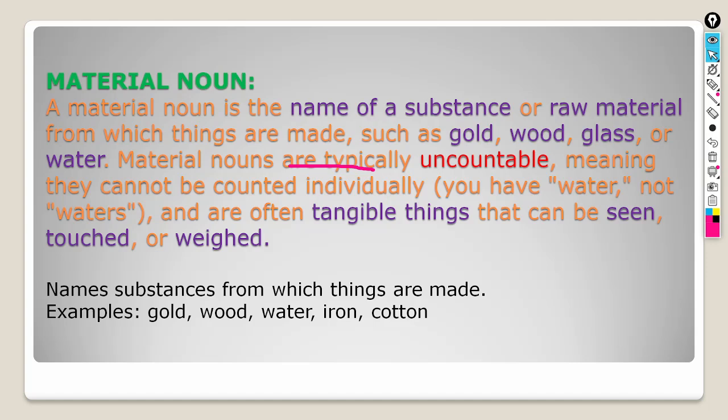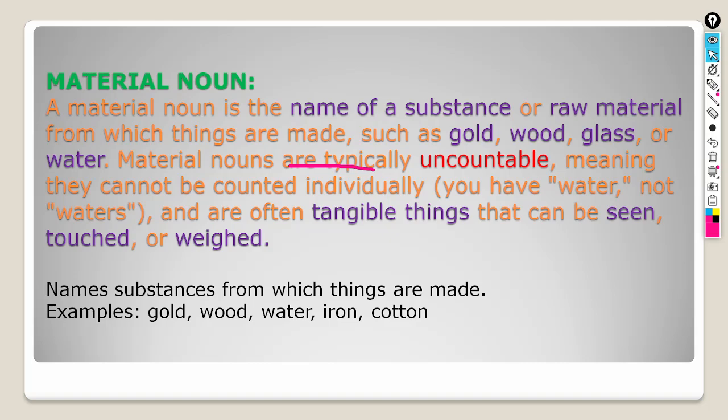That means it is the raw material by which things or objects are made. Names of substances from which things are made, like gold, wood, water, iron, cotton, are all material nouns.